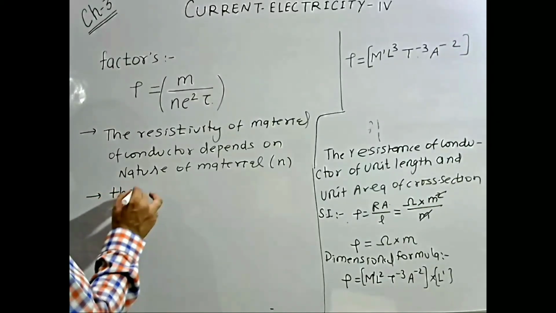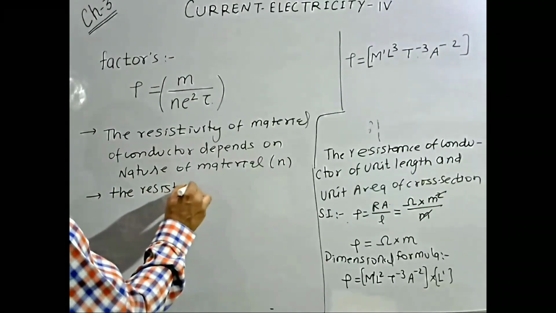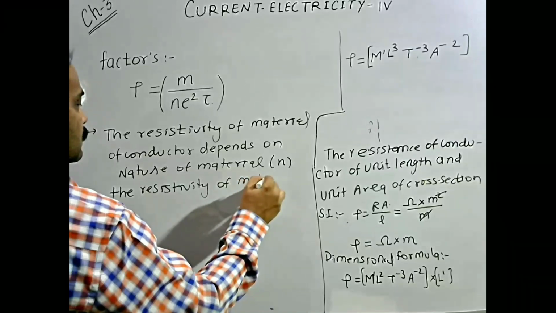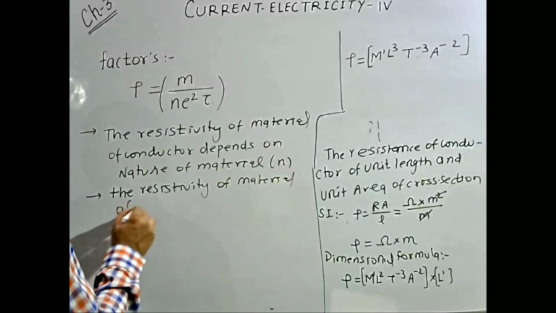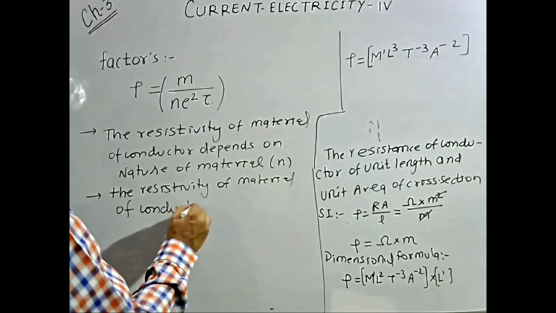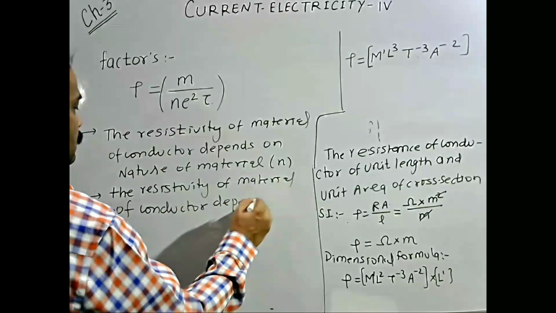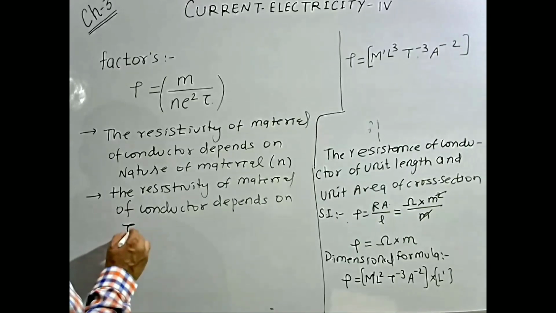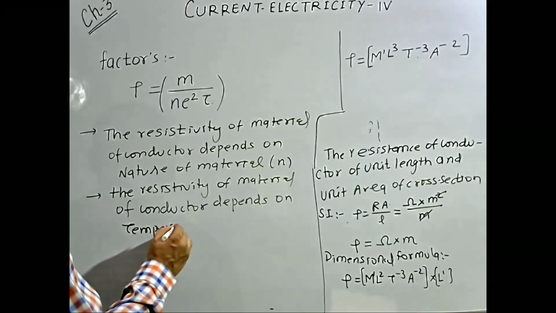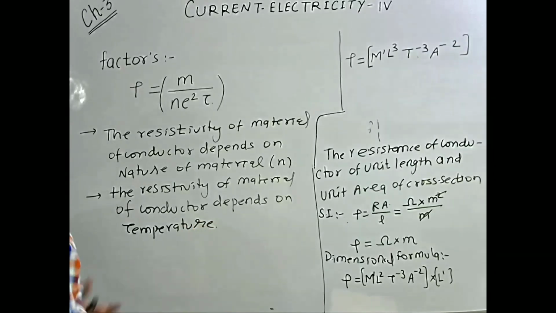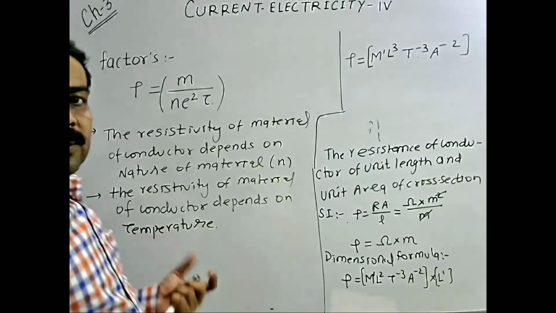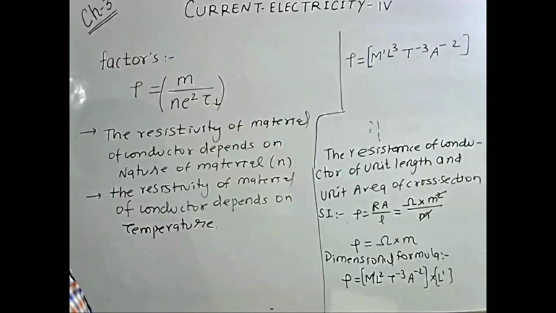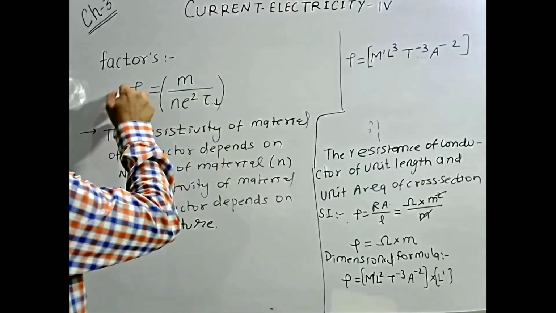How? In the same way, when temperature increases, the rate of collision increases, and as a result tau decreases, and therefore the resistivity of material of conductor increases.